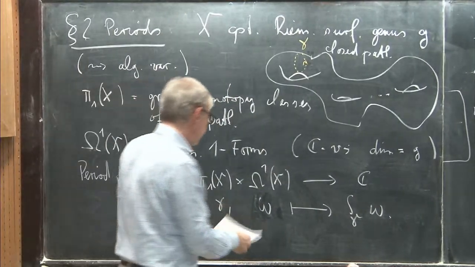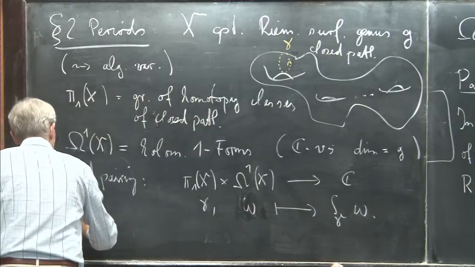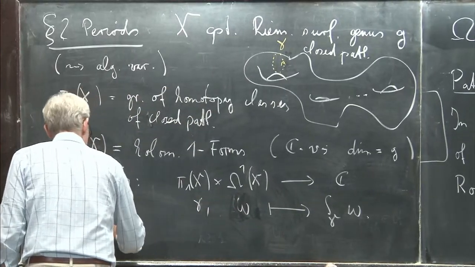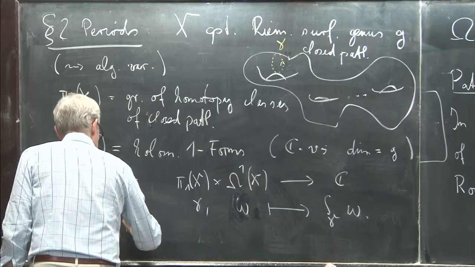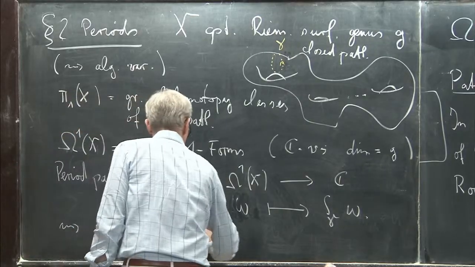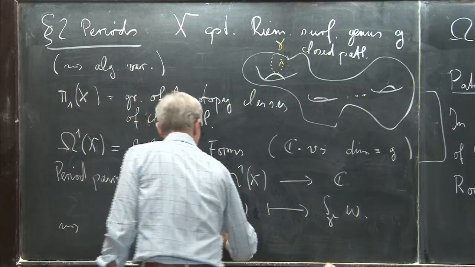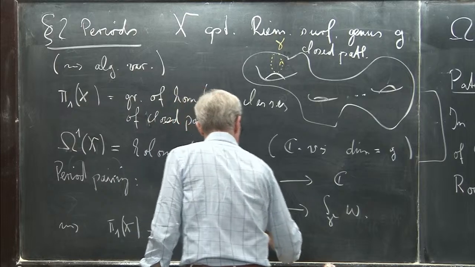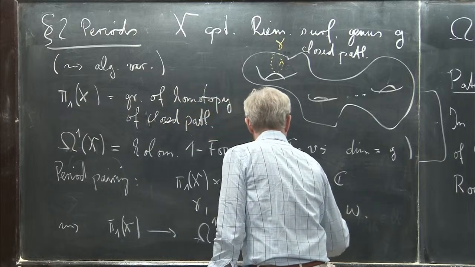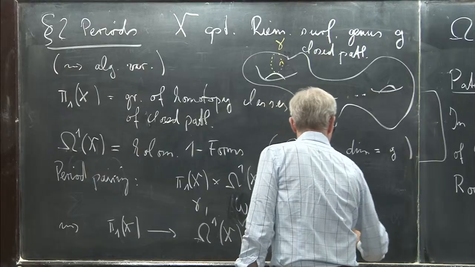And this induces, of course, because it's a pairing, a map to the dual space of these differential forms. So this is a dual C vector space.